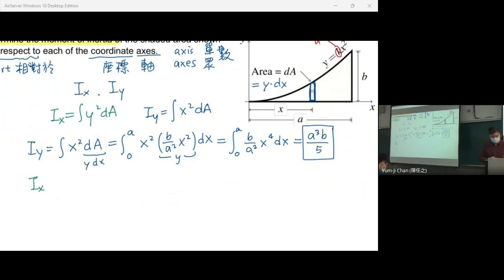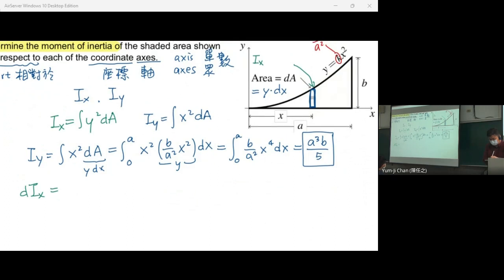We determine the Ix of this stripe. The second moment of area of this area is equal to the Ix.